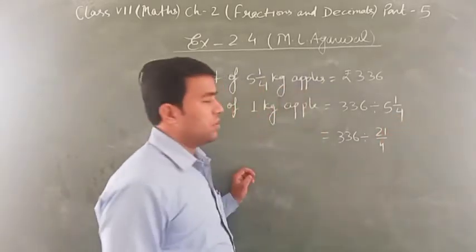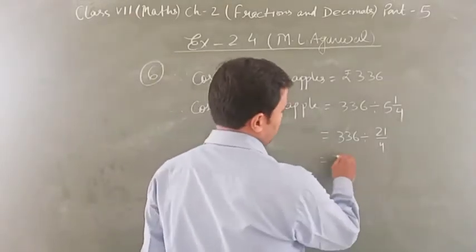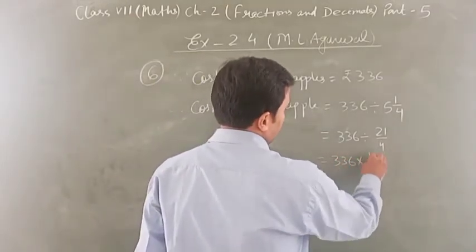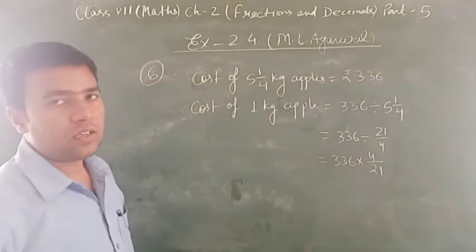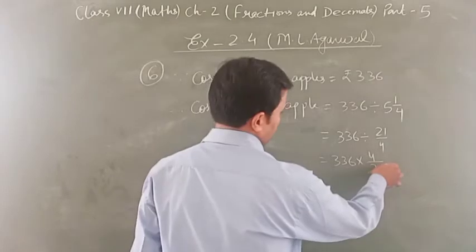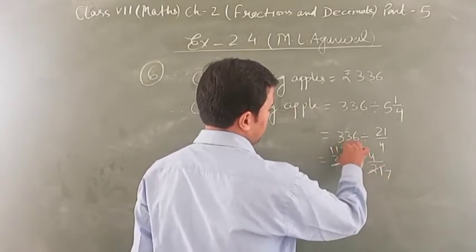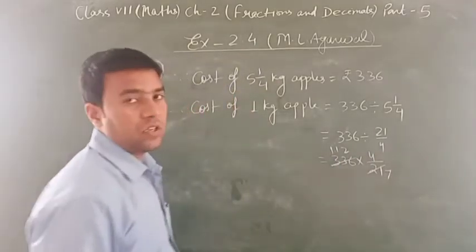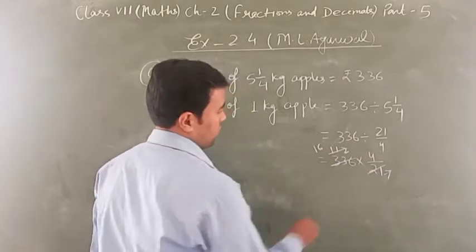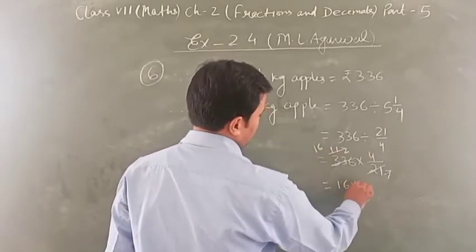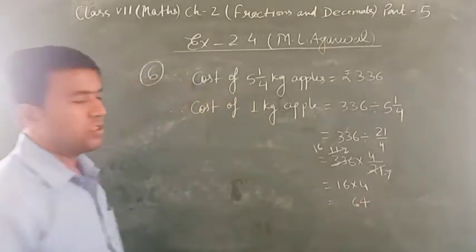Divide changes in multiply, means do the reciprocal: 336 into 4/21. Clear? 3 7s are 21, 3 1s are 3, 3 2s are 6. Clear? 7 1s are 7, 7 6s are 42. Means 16 into 4, 64 rupees.